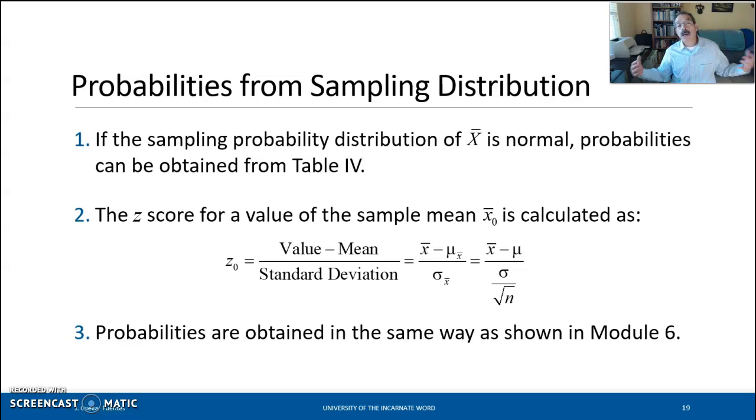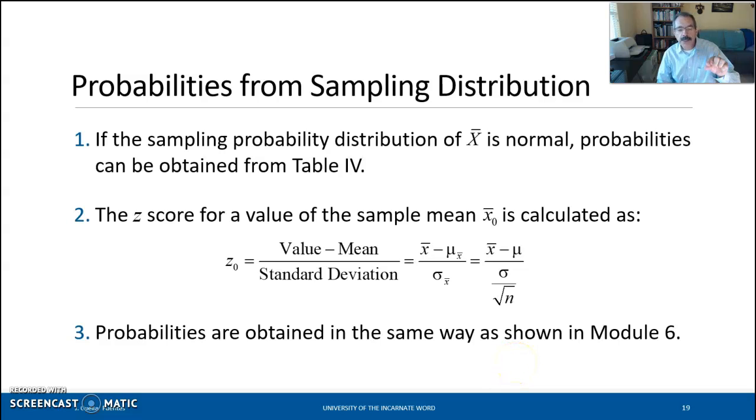All right, so let's say that we want to compute probabilities using the sampling distribution. We will do exactly what we did in chapter 6. We're going to use table 4 to find probabilities from a standard normal distribution.